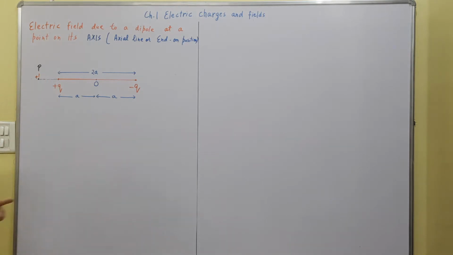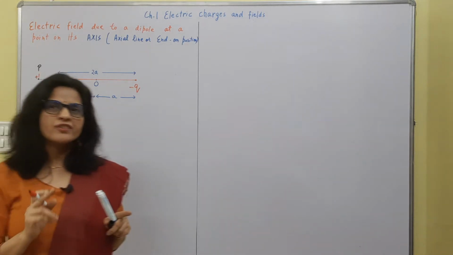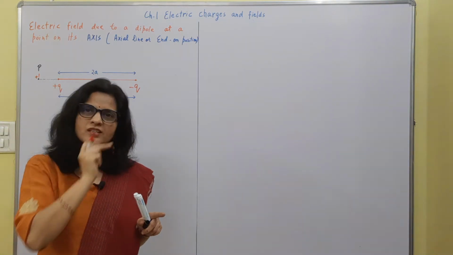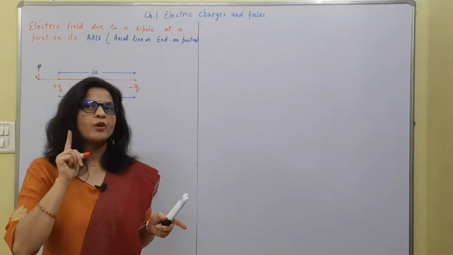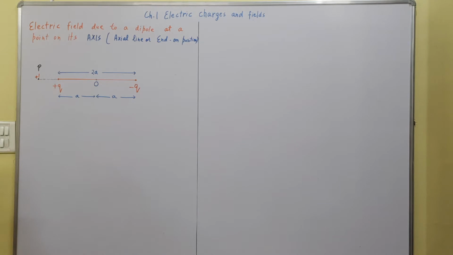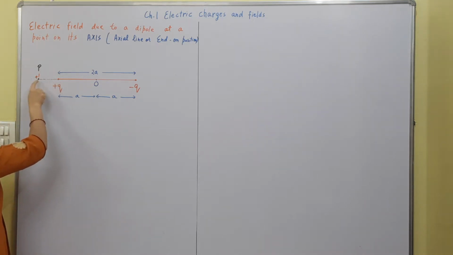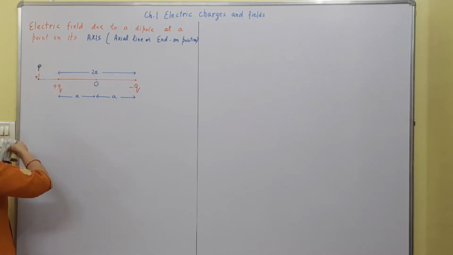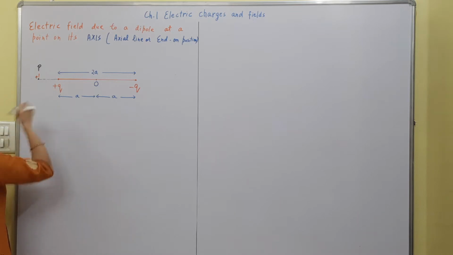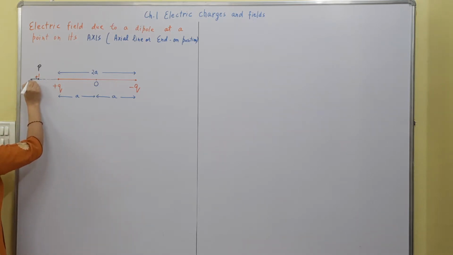Now what is the second step? We have to mark the directions of the electric field due to both the charges separately at this point P. So let's check what will be the direction of the electric field due to +Q charge at this point. This charge will try to repel it. So the direction of the electric field will be this way.